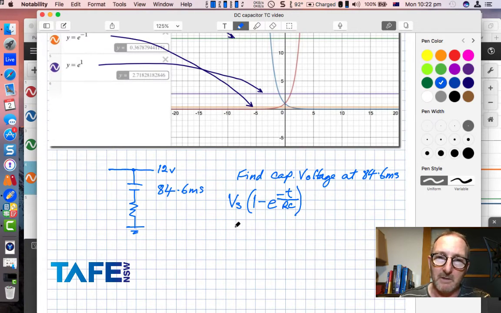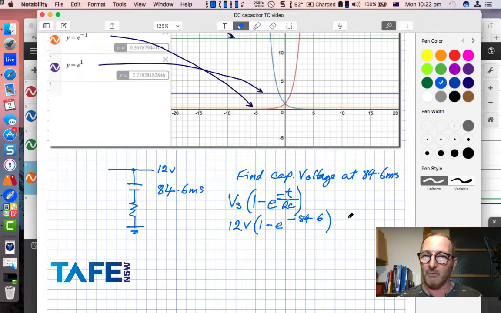So in our case, that becomes 12 volts outside of 1 minus e to the minus 84.6 over 84.6. And that was what we did.